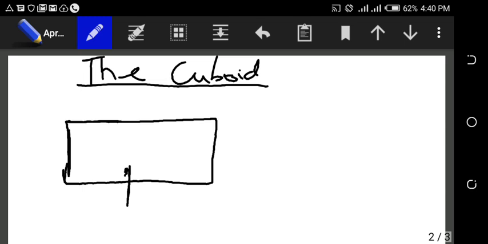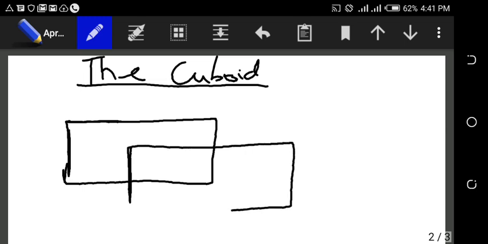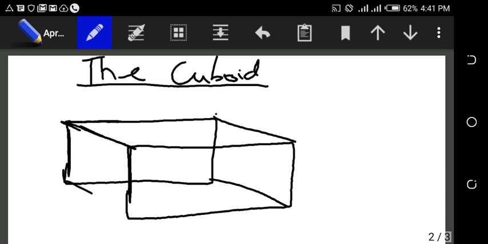Oh no, that didn't work out as I wanted. Okay, so let's make another rectangle, cover it up, something like this. And then we'll connect the lines, and we have our cuboid staring us in the face.